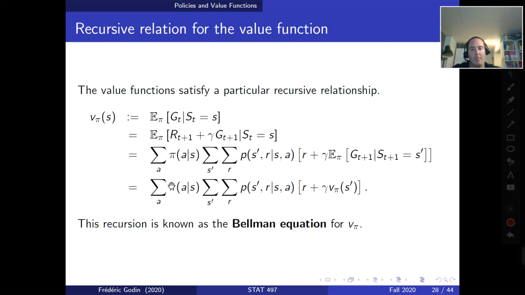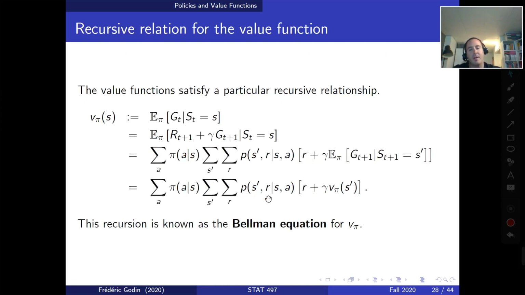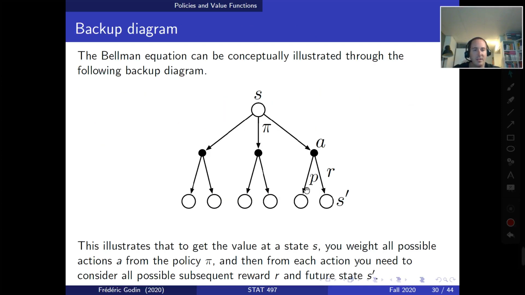The probability of action A happening if you're in state S is pi. This is why in the diagram you have pi, which drives the probability of the next action A, and then the probability of next state S prime and next reward is driven by your transition function P. So P characterizes probabilities of all rewards and successor states.